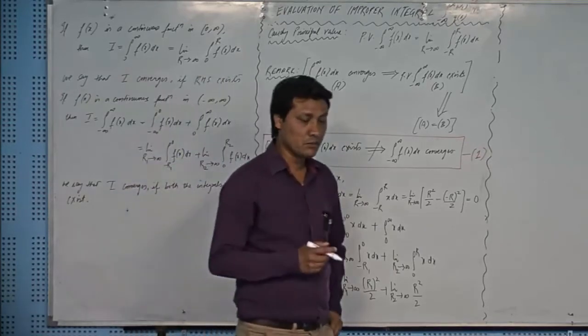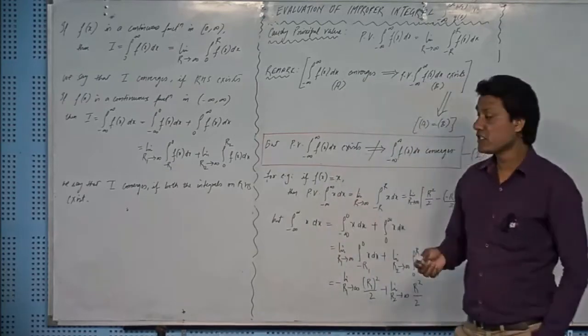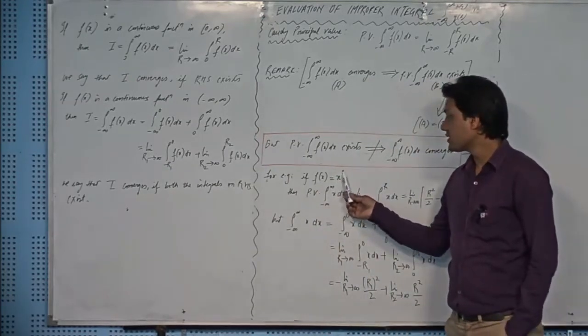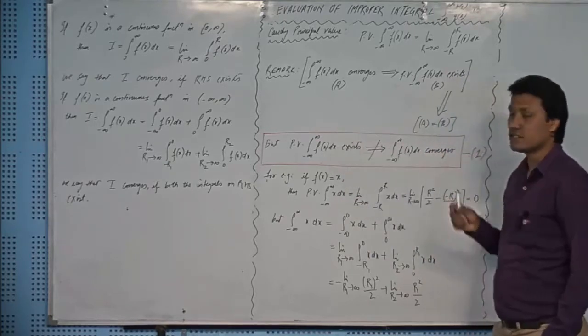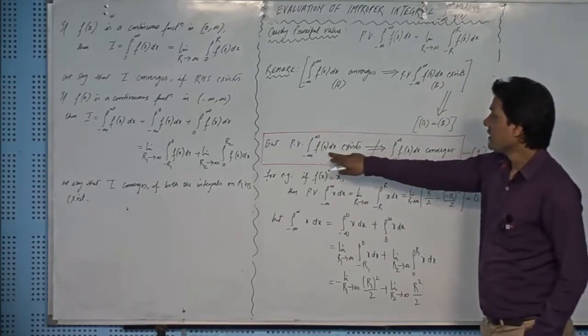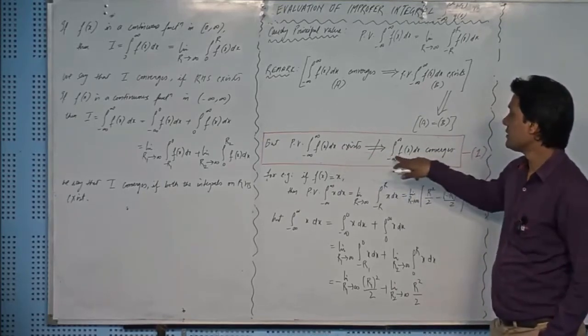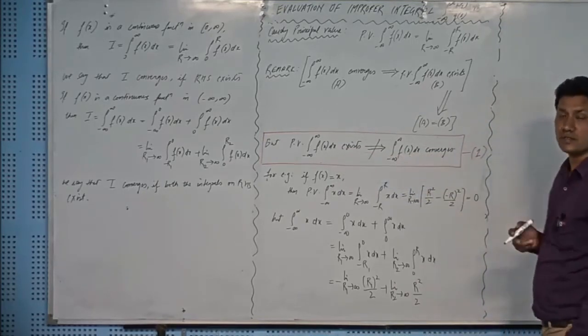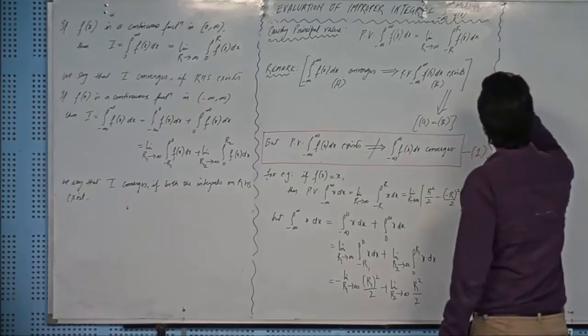Okay, but what happens when this f(x) is an even function? I have taken an example of an odd function. If I take f(x) equal to x square, then this condition still holds, means we have integral exists implies this principal value exists and integral converges. So I will write a new heading for this, means the case when this condition holds.